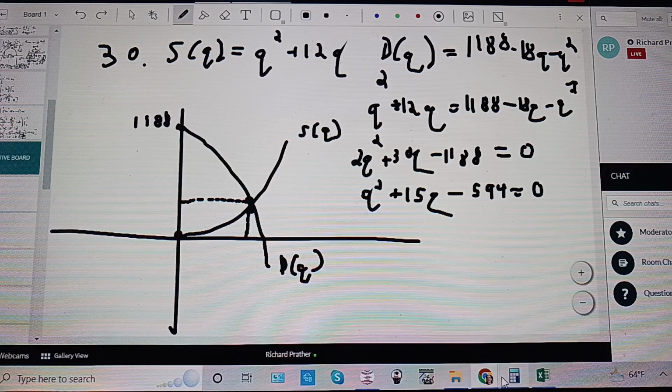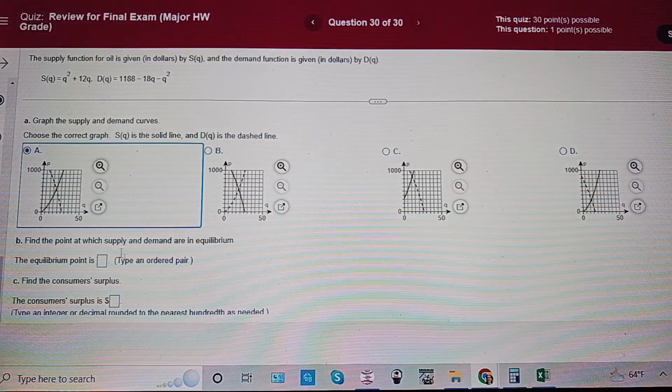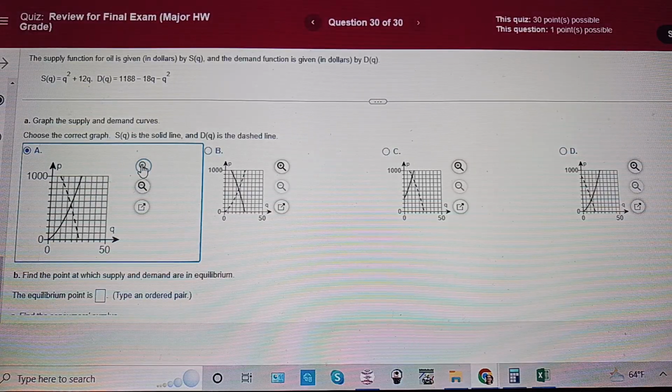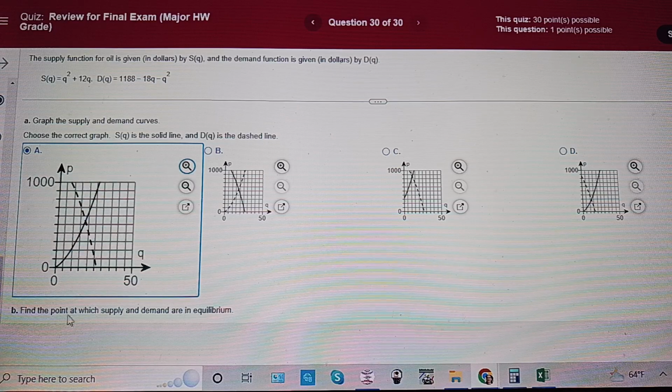So one way to do it is guess and check by looking at the graph. If I blow this graph up, it looks like the x-axis is going by 5s. 5, 10, 15, 20, 25, 30, 35, 40, 45, 50. The point of equilibrium is somewhere between 15 and 20.